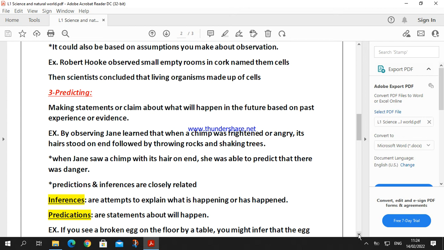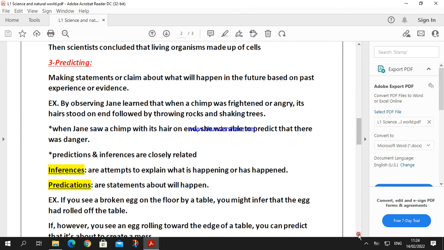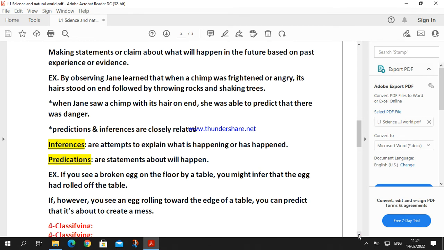Prediction and inference are closely related to each other, but inference attempts to explain what is happening or has happened. Predictions are statements about what will happen in the future based on past experience. To know the difference, look at this example.